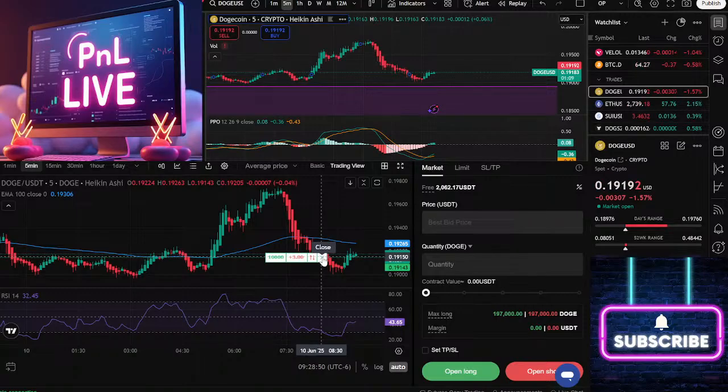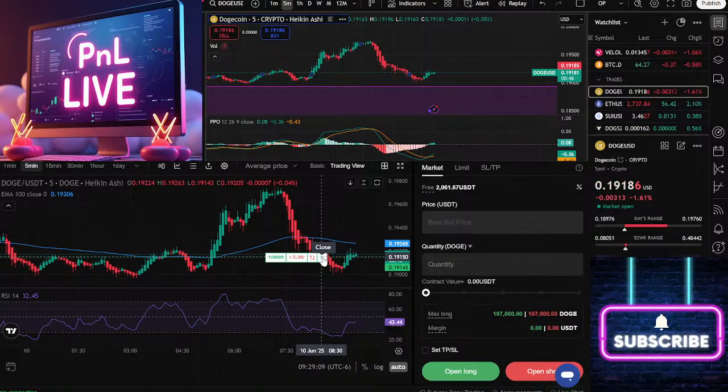Kind of just sitting there with the RSI in the middle, just underneath the exponential moving average. It just doesn't know what it wants to do, doesn't know if it wants to reject it. It's just waiting for someone to give it a little nudge in one direction or the other.